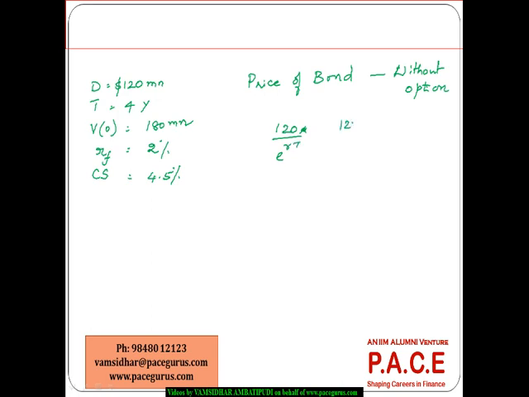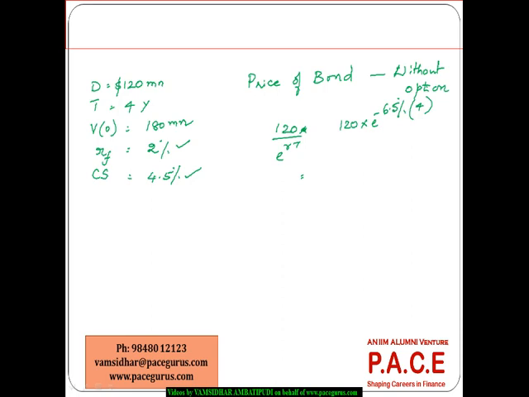So the R in this case will be 2% risk free and 4.5% for the credit risk that is present in it. So 6.5% times 4. Let me take the same example into a spreadsheet to typically explain the entire process.